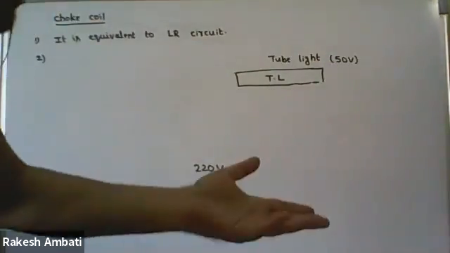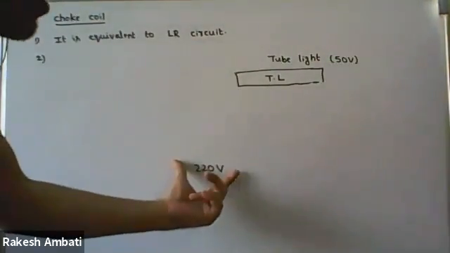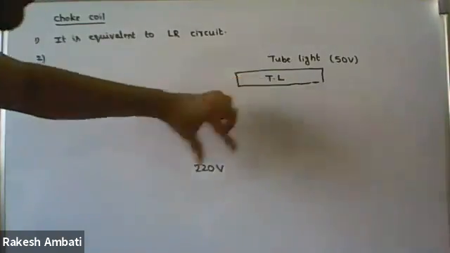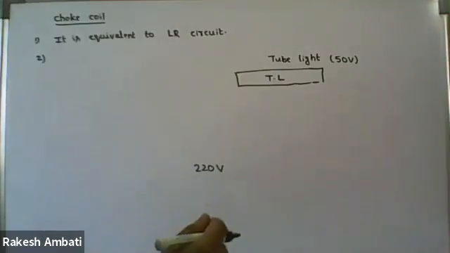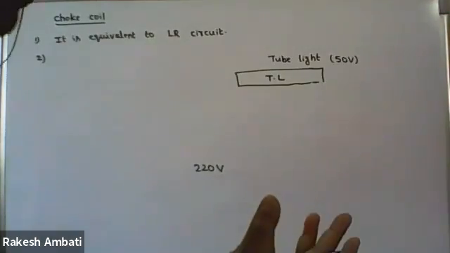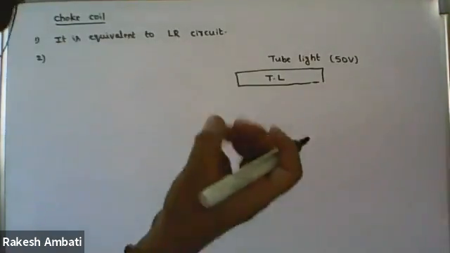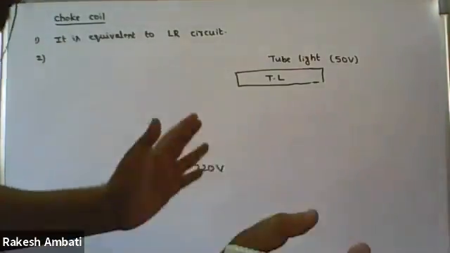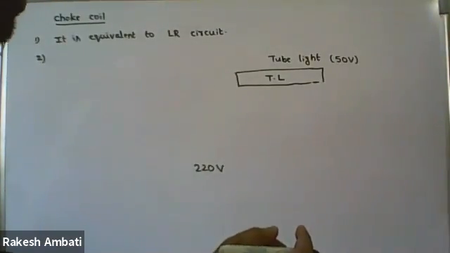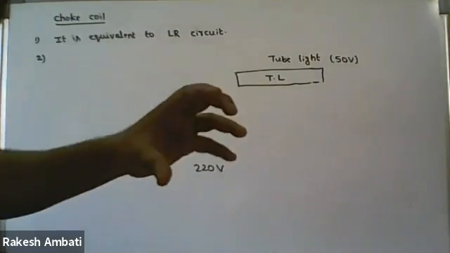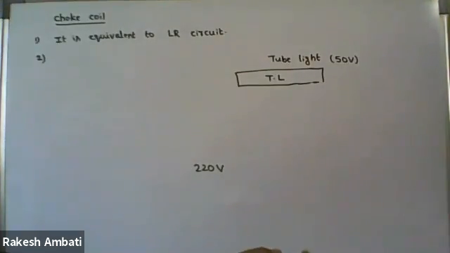If this whole 220 volt is given directly to the tube light, what happens? I have a basic question: in our home, are all electrical appliances connected to the main supply in series or in parallel? In parallel.